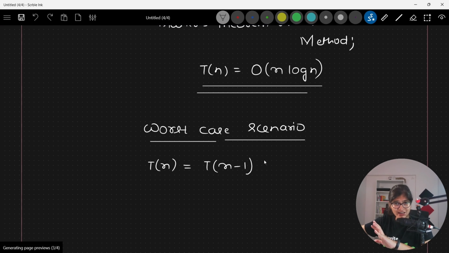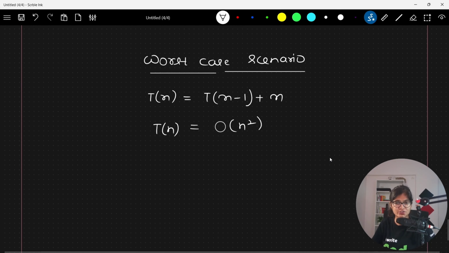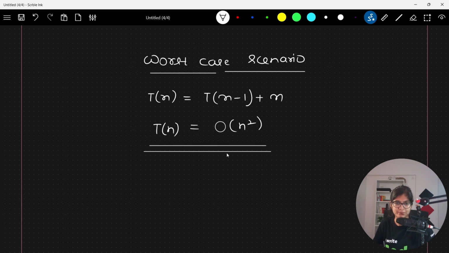All the n minus 1 elements are at the right side, plus n. And if you try to solve this recurrence relation using a substitution method, it will come out to be big O of n square.